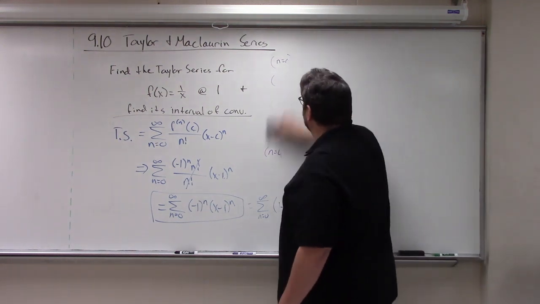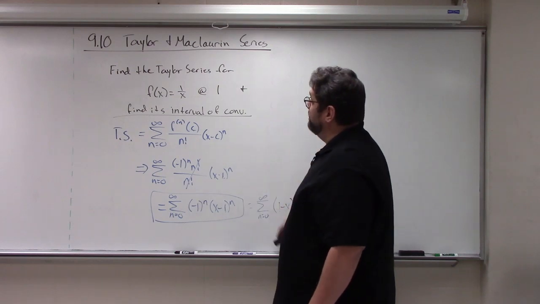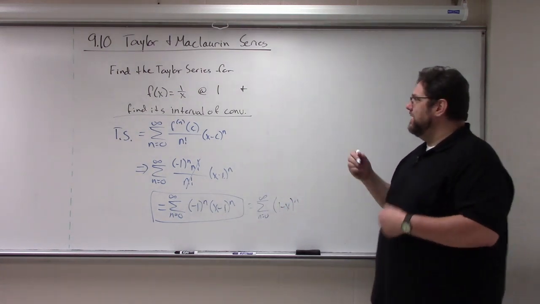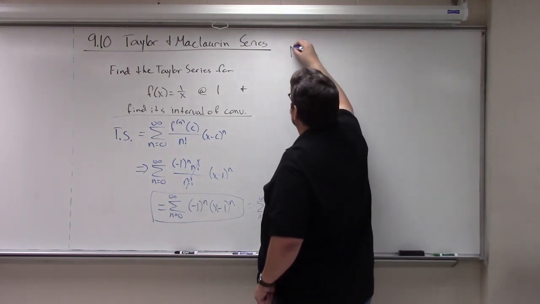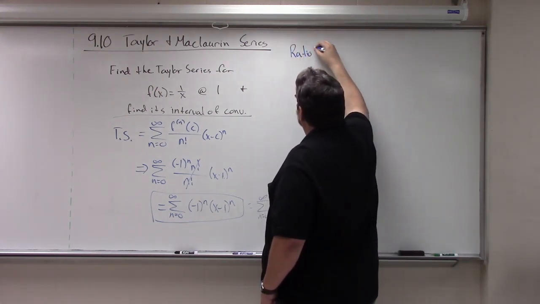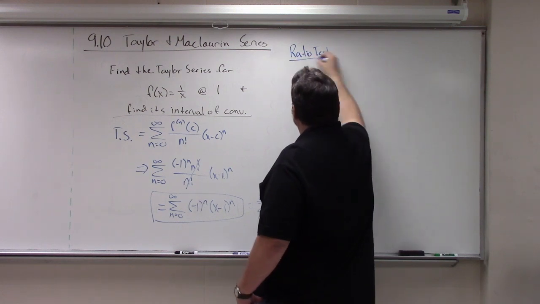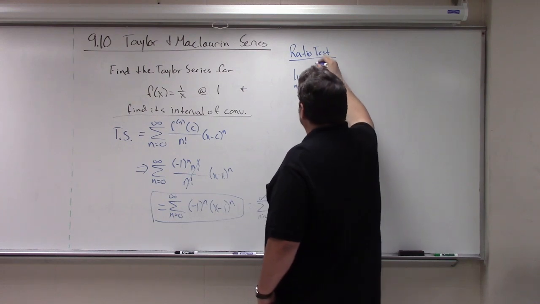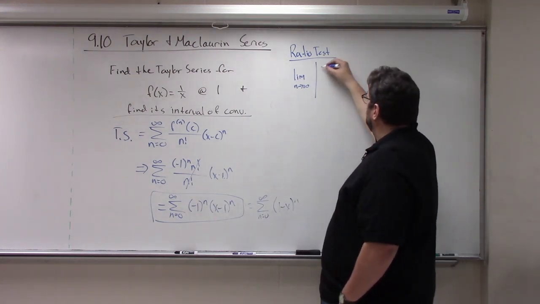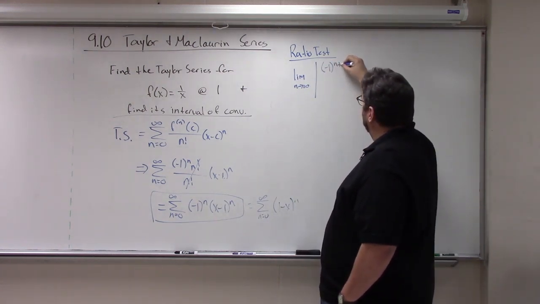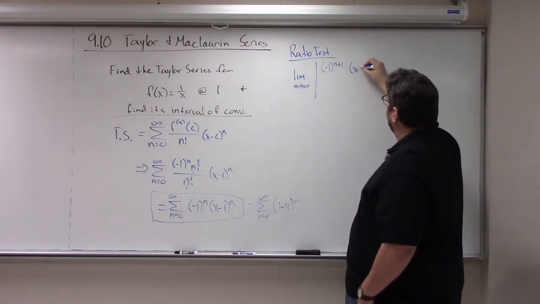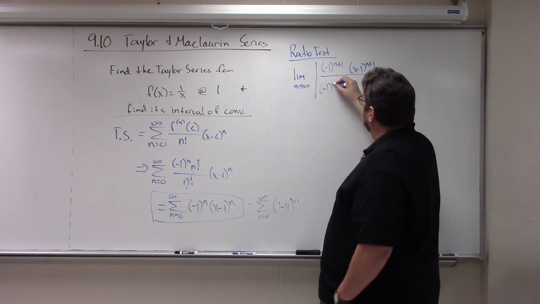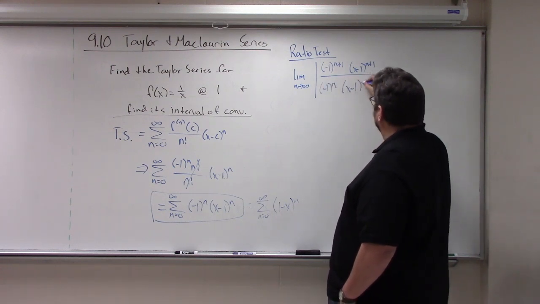All right, now we're not through with this problem yet because we were told to also find its interval of convergence. Now, I'm going to do that. Remember, we do that using the ratio test. All right. And we want the limit as n heads to infinity of the absolute value, -1 to the n plus 1, x minus 1 to the n plus 1, all of that over -1 to the n, x minus 1 to the n.